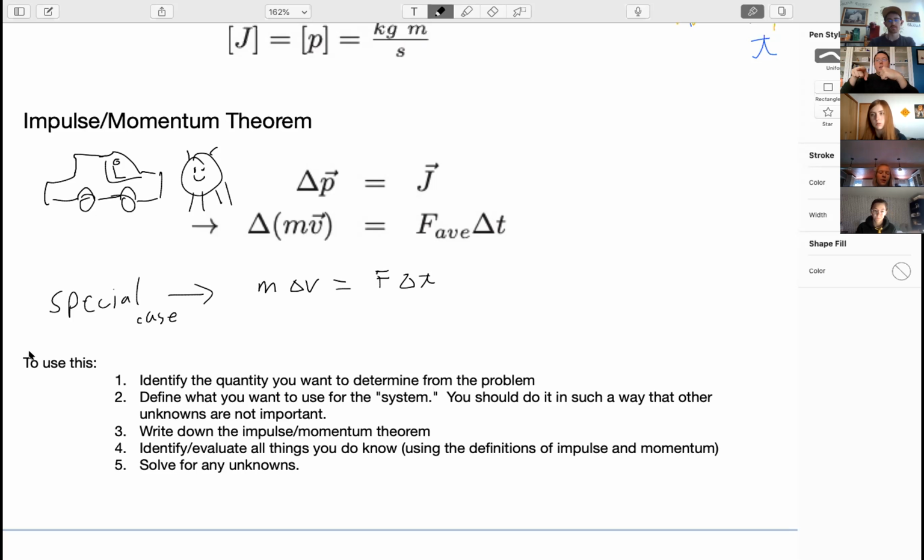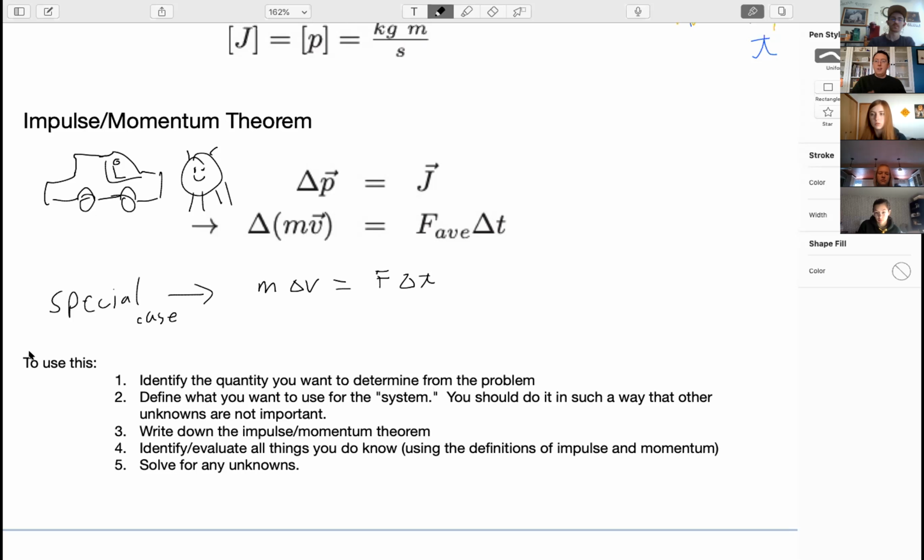Well, if you make both objects be the system, the totality of them, and there's nothing else acting on them from the outside, then there is no impulse, because the impulse only cares about forces from the outside on the system. So if I make the system be the pair of them, then you never actually need to know that force.